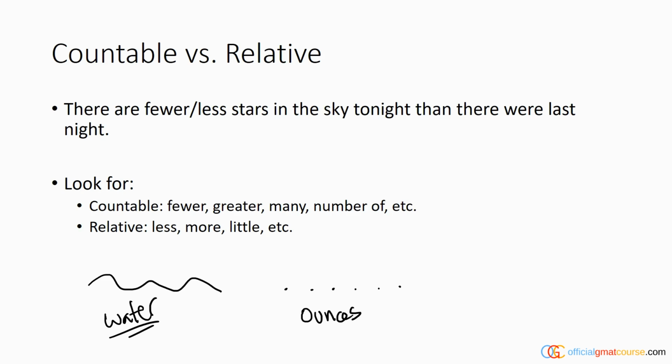So the words that relate to countable, here are some examples. And for relative, less, more. Little is an interesting one. So you have little tact in social situations. You have very little tact. That means you don't have very much tact, so you're not very good in social situations.